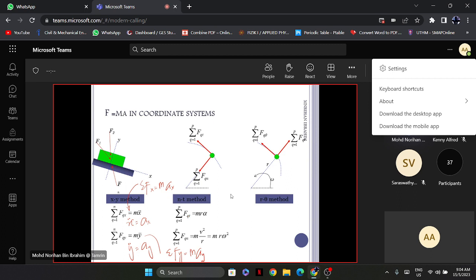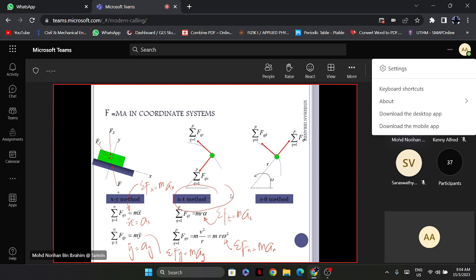Kalau ianya berkait rapat dengan the application of the normal tangent coordinate system, then we can apply sum of F tangent is equal to m a tangent, and sum of F normal is equal to m a normal.